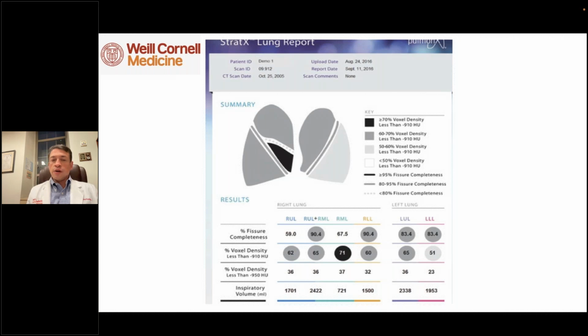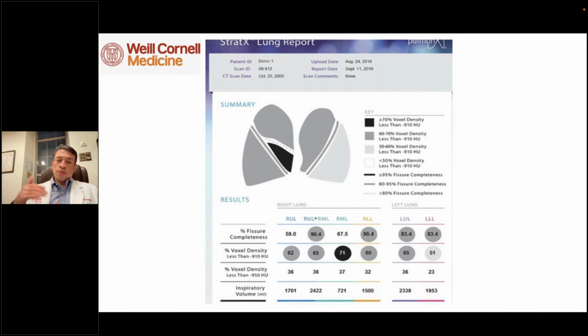with that arbitrary cutoff, we can say that anything less than 50%, meaning that there are less than 50% of voxels that are less than -910 Hounsfield units, is shaded white, which means not significant emphysema.